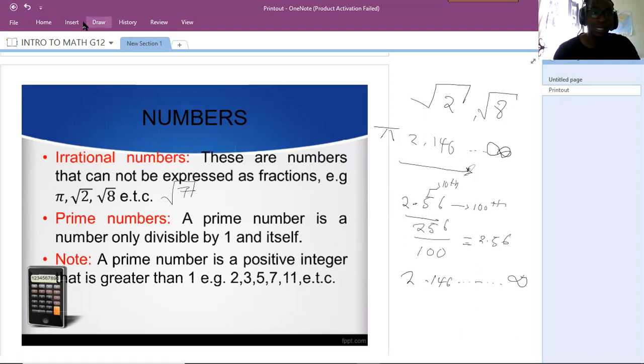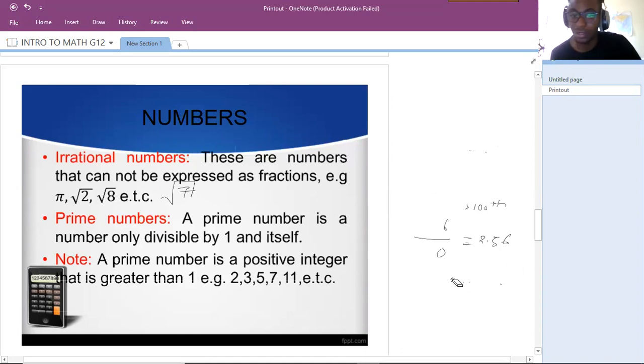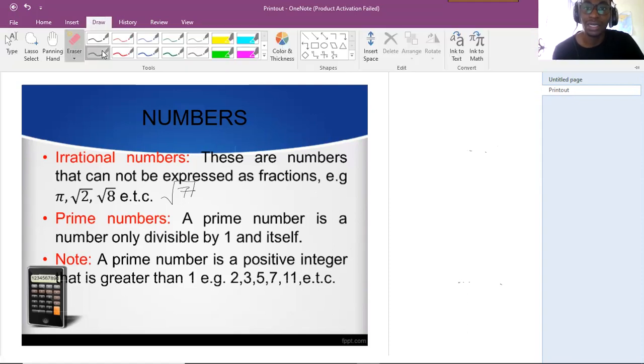I think a number that I should also introduce here is something known as undefined. Have you ever heard of undefined? You've never heard of undefined? All right, I'm going to tell you what undefined means.